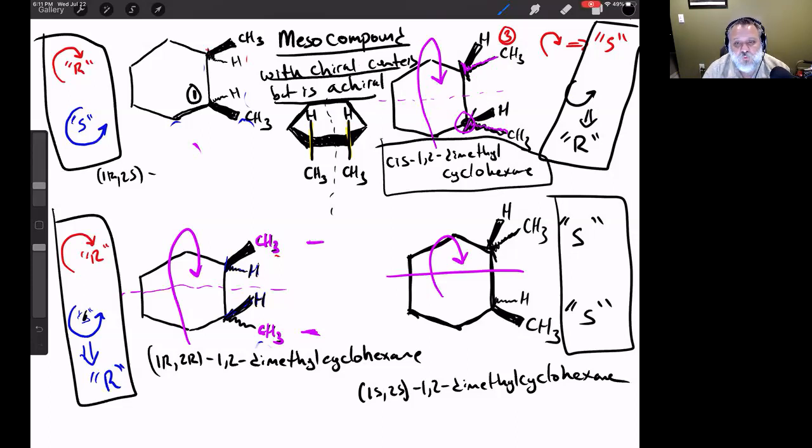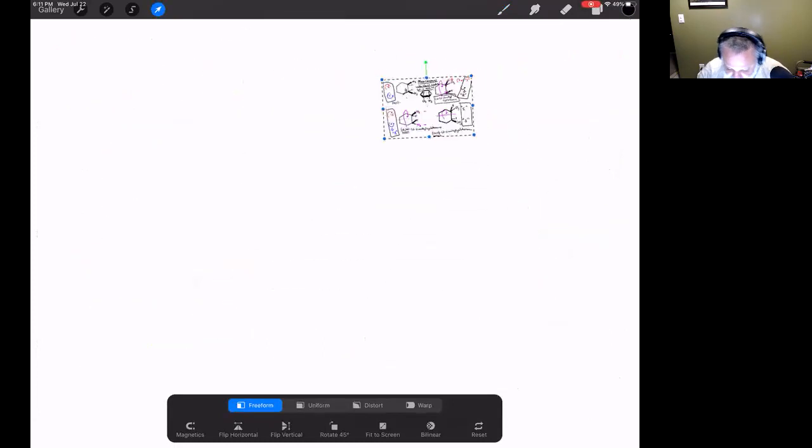And so since there's only one version of it, cis is fine. But there's actually two versions of the trans molecule. And so we do need our specific stereochemical indicators to say which one of the molecules we're talking about. All right, so this brings in meso compounds. And meso compounds are compounds that have chiral centers in them, but are achiral.